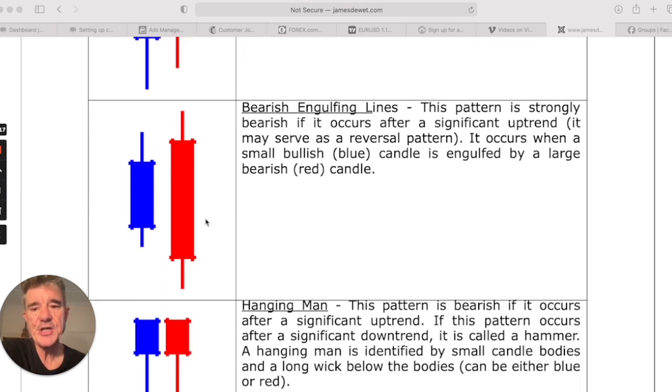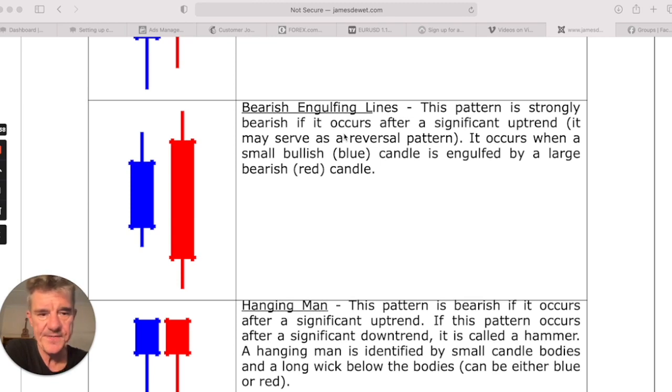So this is the bearish engulfing pattern, identical to the bullish engulfing pattern that we saw before. This pattern is strongly bearish if it occurs after a significant uptrend. It may serve as a reversal pattern. So really, I don't think that's enough.